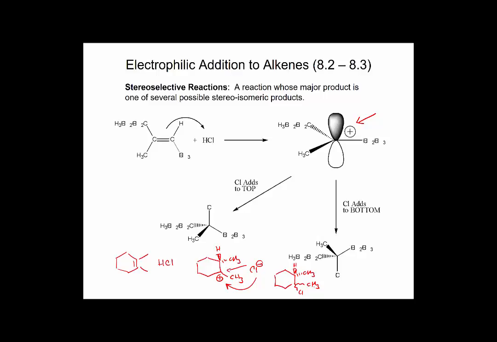And that will happen anytime you have a carbocation. I'll even go so far as to stretch that out and say, you're not going to get stereoselectivity anytime you have an sp2 hybridized intermediate. Because as long as you have this sp2 intermediate, whether it's a plus charge or even a radical, you're going to get addition 50-50 to the two lobes.